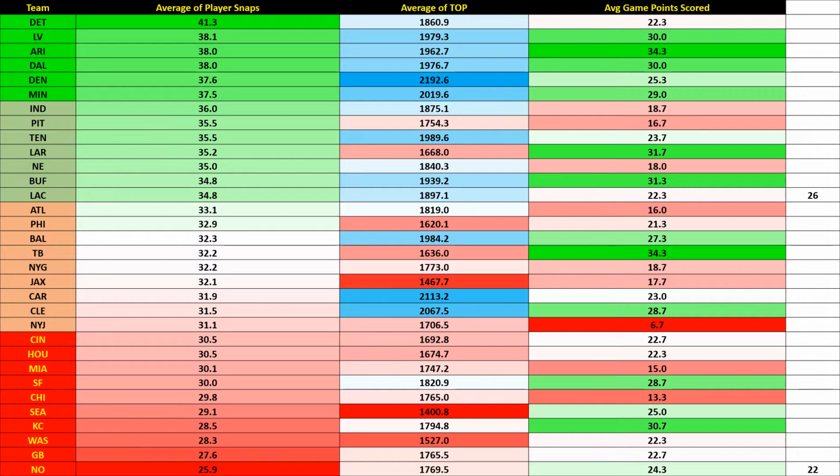And so it's in the third column. First column is average player snaps. Third column is average game points scored so far in the 3 games. And I colorized from high to low. And you could see that a lot of the higher scoring teams are in the top groups here.